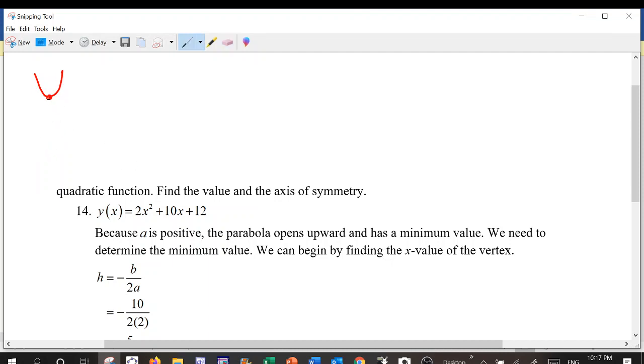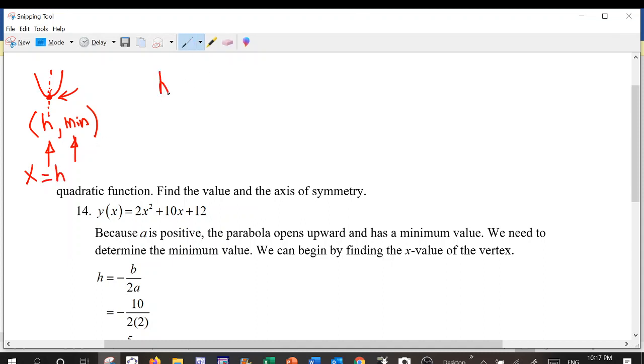So we know the min happens at the vertex right there. So this has a min, and it happens at h, and its value is given by the y-coordinate of the vertex. So all we have to find is the vertex, because if we find the vertex, we also have the equation of the axis of symmetry, which is x equals h, right?